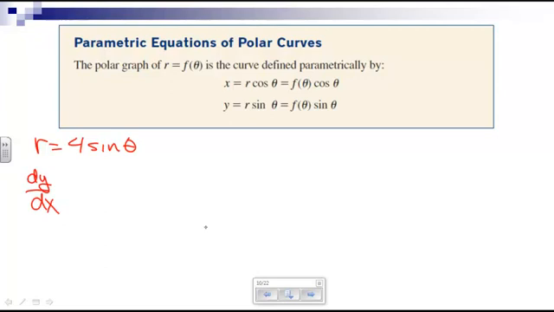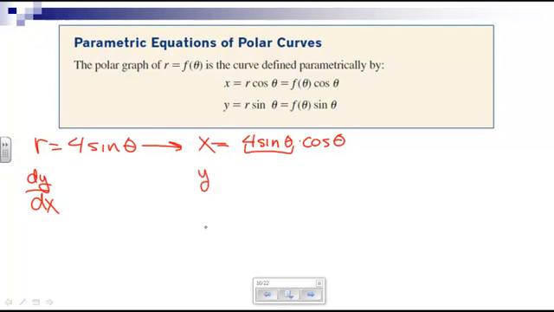I could treat this situation parametrically. r equals 4 sine theta converts to x is 4 sine theta times cosine theta. I took the value of r and replaced it where r was in my x equation.